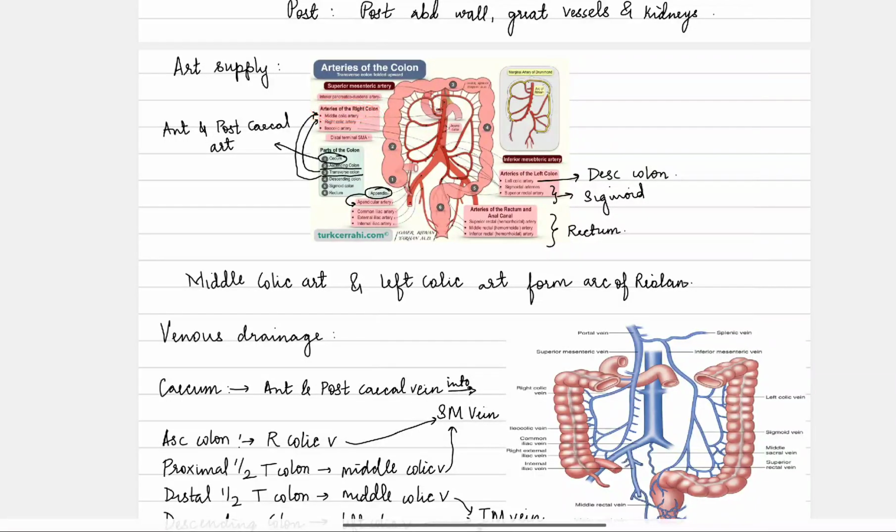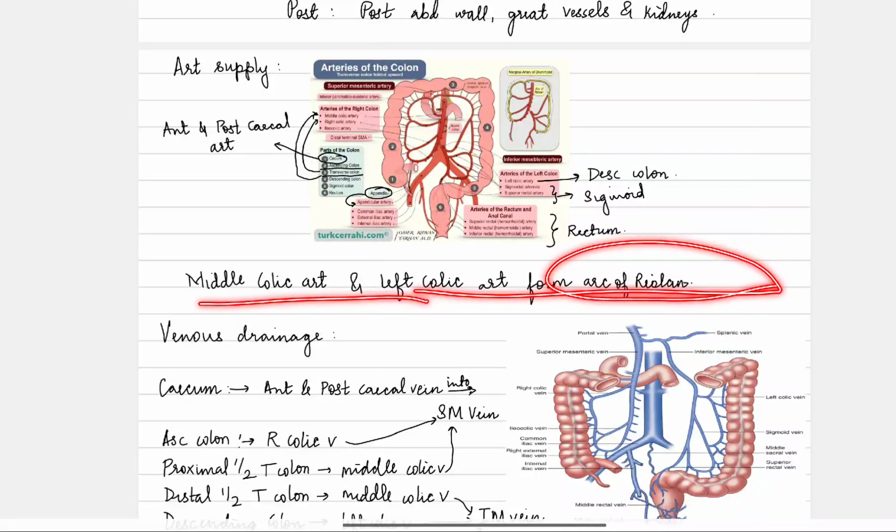Descending colon is supplied by left colic artery. Sigmoid colon is supplied by sigmoid artery or rectosigmoid artery. Rectum is supplied by superior rectal hemorrhoidal artery, middle rectal or inferior rectal hemorrhoidal artery. Now, middle colic and left colic arteries form the arc of Riolan.